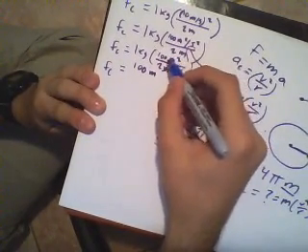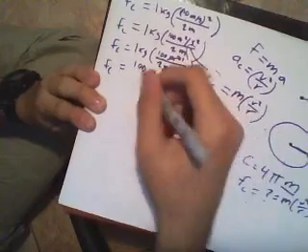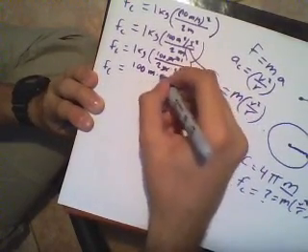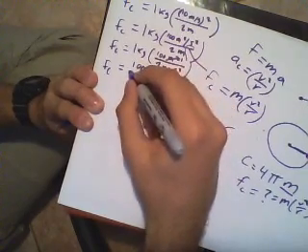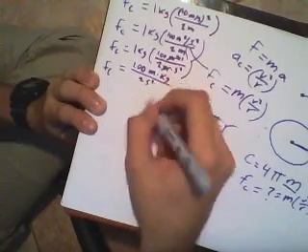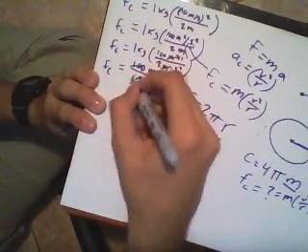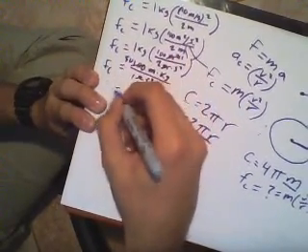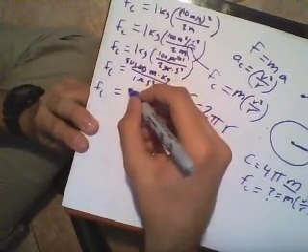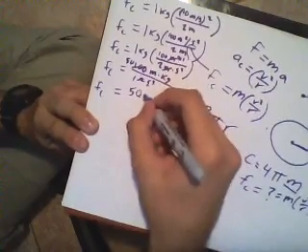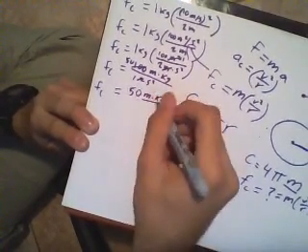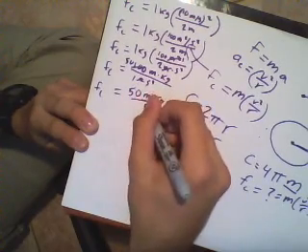This m reduces with this m. So 100 meters times kilograms divided by 2 seconds squared. Well, we reduce this to 1 and 50, and we get 50 meters kilogram over second squared.